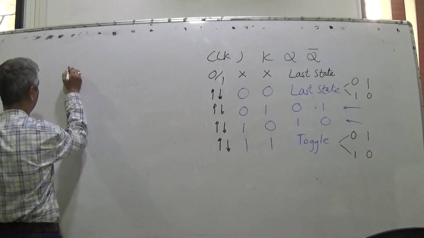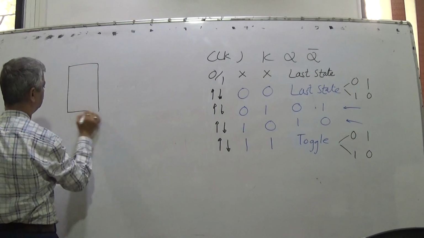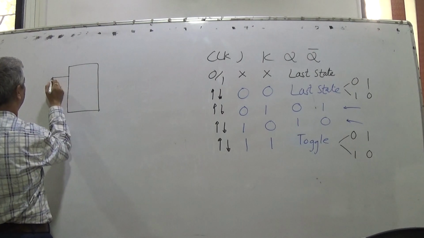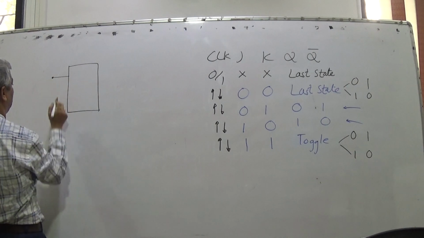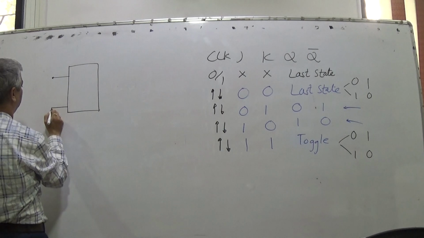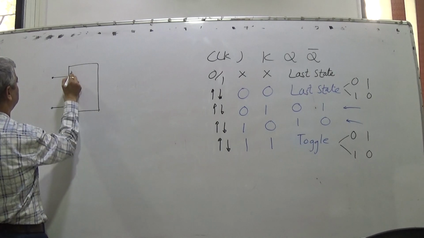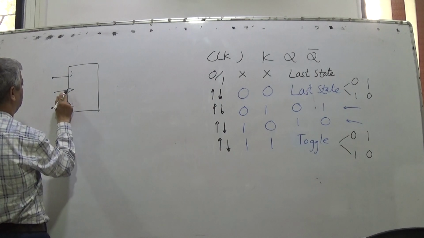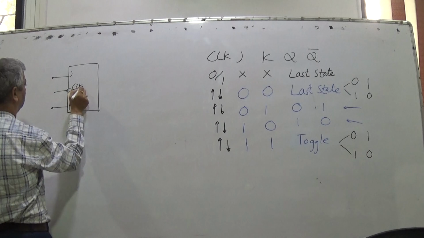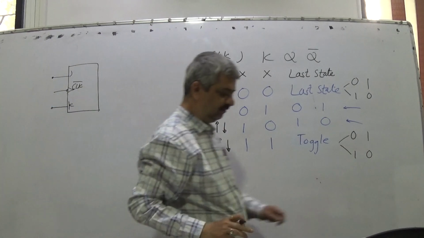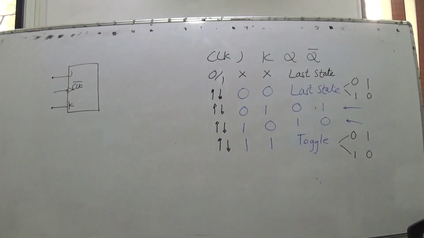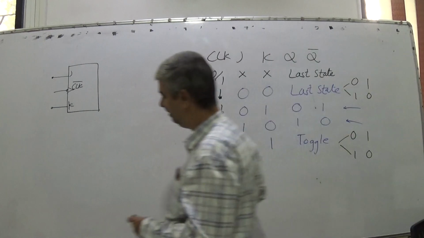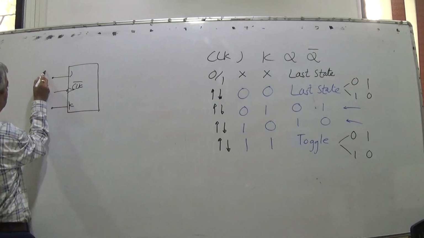So this circuit I am having, I got a switch. This is J, this is K, this is clock. Bubble indicating active low, clock bar. For J and K, I can have a one-pole two-way switch.